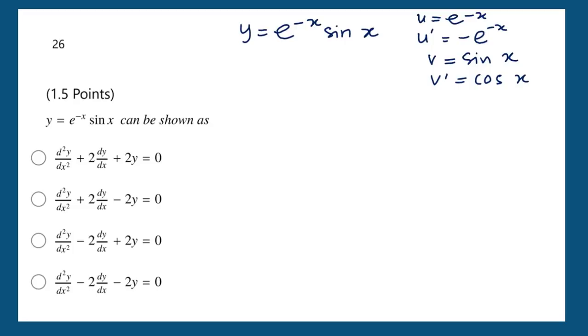Since we're going to use the product rule, your dy/dx equals u v prime, which is e to the power of negative x cos x, plus v u prime. U prime will be equal to negative e to the power of negative x.